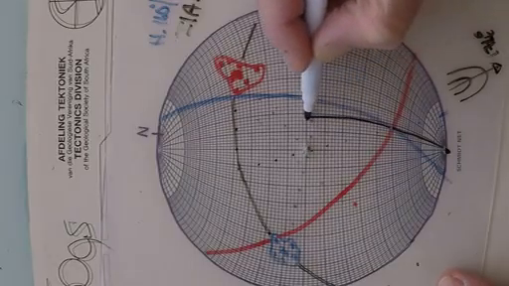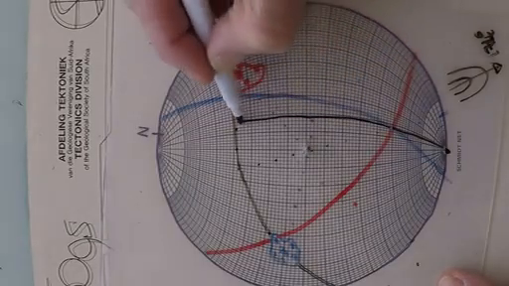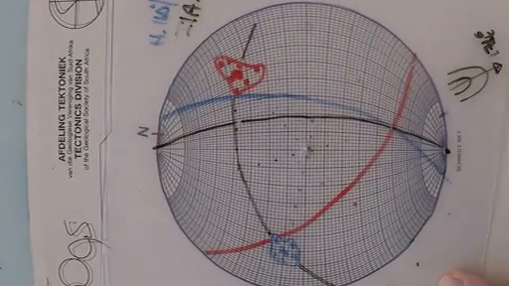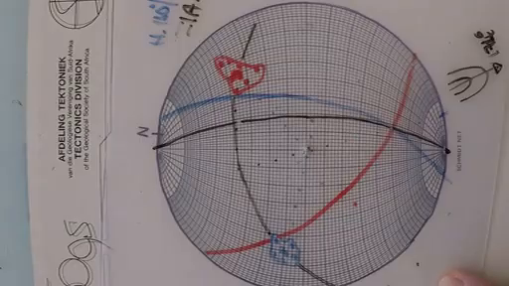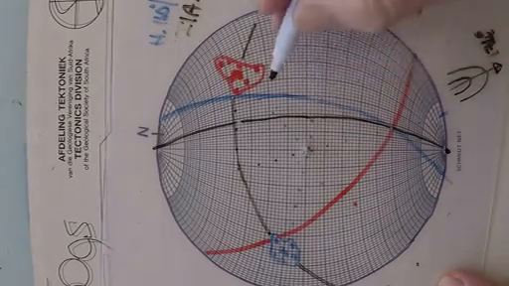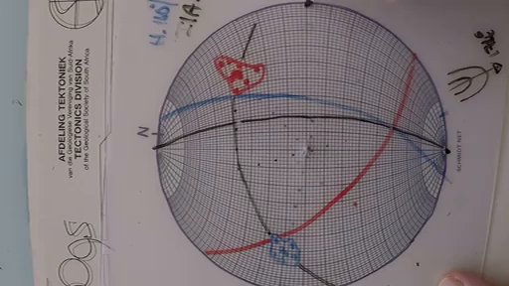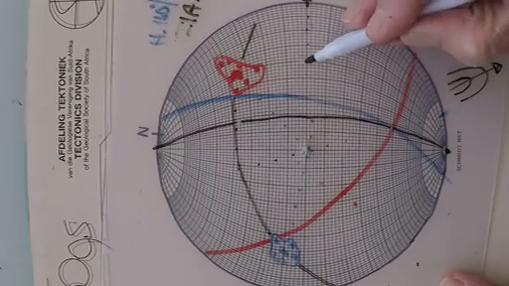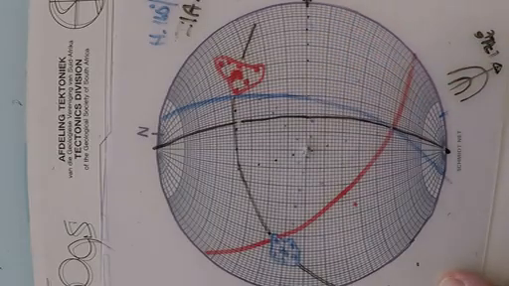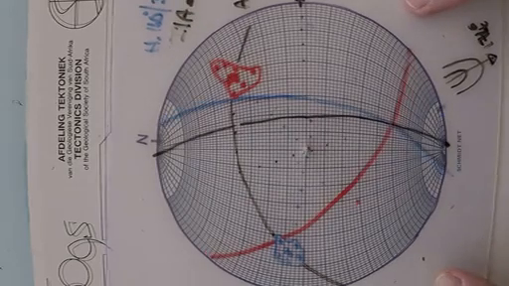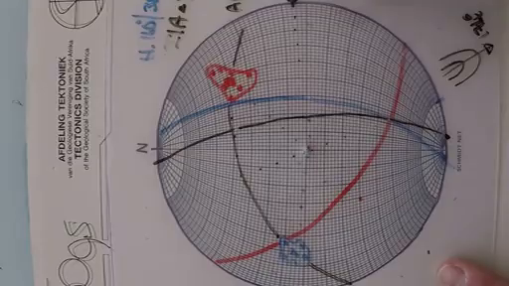We stay on that great circle, try to look past the camera, and this is going to be the orientation of the actual surface. You can determine the dip direction, the direction in which the surface is dipping, but you can also determine the angle at which it's dipping: 10, 20, 30, 40, 50, 60, 70 degrees. So the actual plane has a dip angle of 70 degrees, and the direction is about 84 degrees.